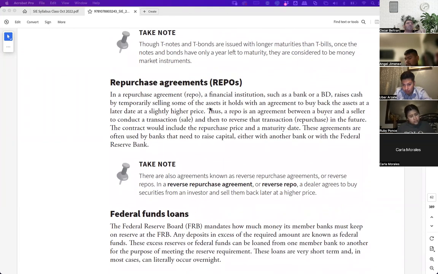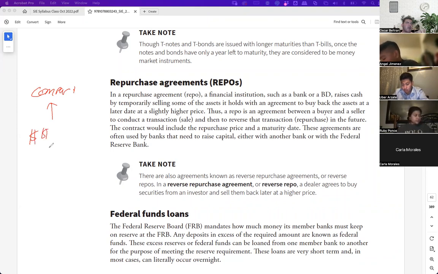Oh, here we go. Repurchase agreements, repos. So for repos, let's say that I have 1,000 shares of Tesla and I do not want to sell them. So I'm going to contract a company. I'm going to sell it to that company, and they're going to give me money for those stocks.